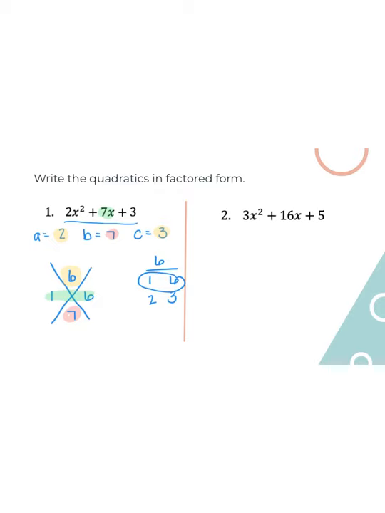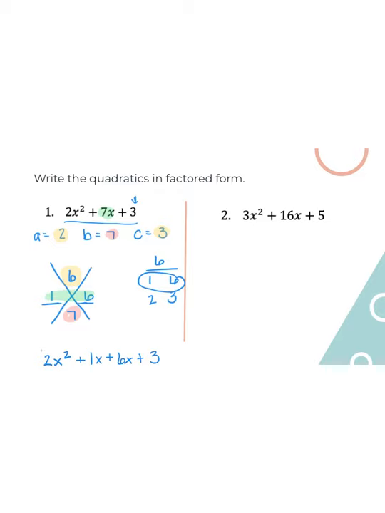I'm going to start with my 2x squared. That stays the same. Instead of saying plus 7x, I'm going to say plus 1x, which I got right here, and then plus 6x, which I got right here, and then I'm just going to end it with my C term, which is this 3, so plus 3.